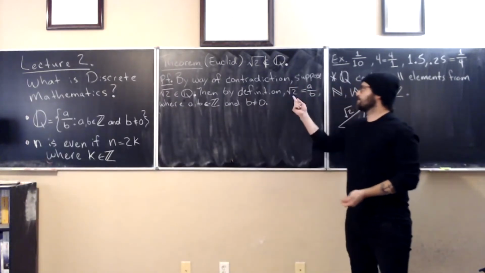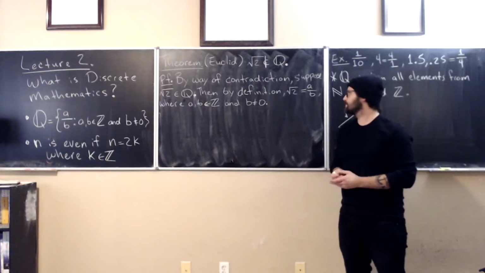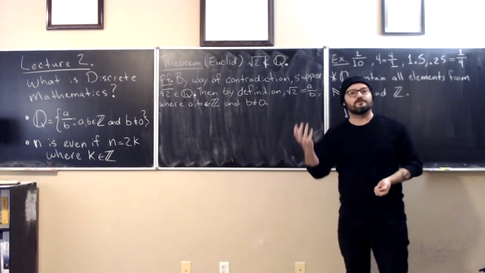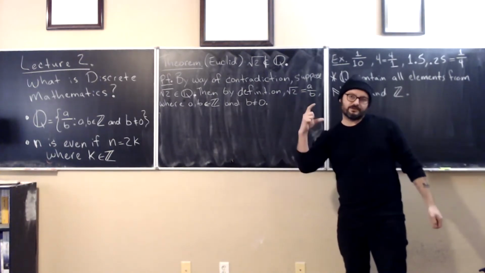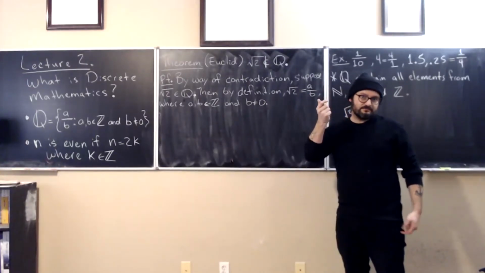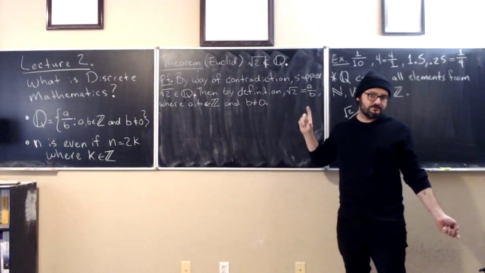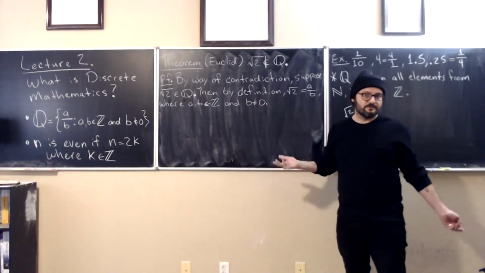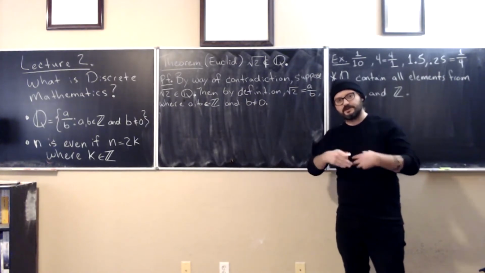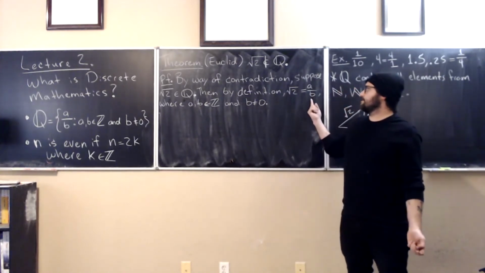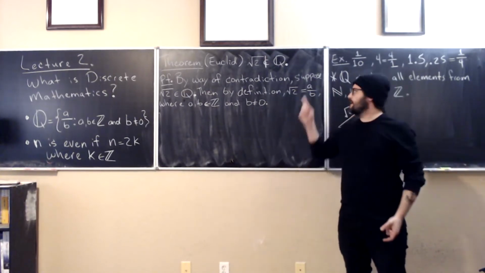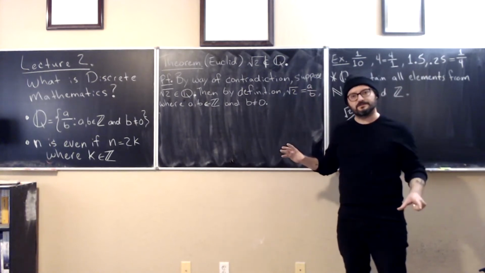So we can write square root of 2 as a ratio of integers. But now imagine that you have something like 4 over 12, right? That's a ratio of integers, but you can reduce it to what? So 4 over 12 becomes 1 over 3, right? So anytime you have a ratio of integers, you can reduce it. So we have a ratio of integers. Let's just assume that we've already reduced it so that a and b share no common factors.